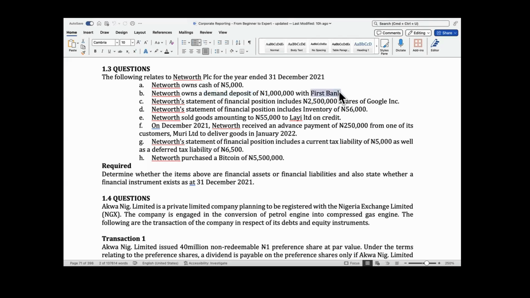While the bank has an obligation to deliver cash, which goes to show that the bank has a financial liability. Now, because we have a party that has a financial asset, and another party that has a financial liability, this transaction is a financial instrument contract.